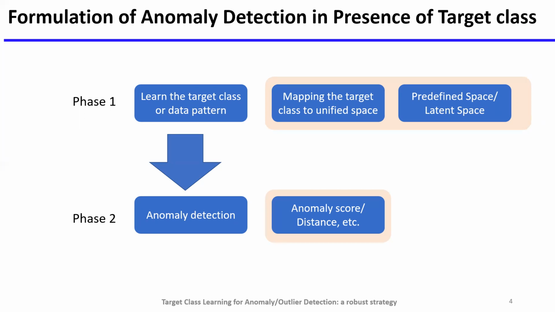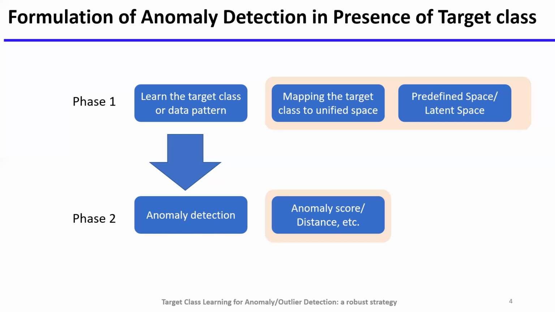So in phase one, we should map the target class appropriately to some unified space. It may be a predefined space, it may be a latent space, such that all the similar points belonging to the target class come around each other, and we can somehow draw the boundary very efficiently. The second phase is anomaly detection.